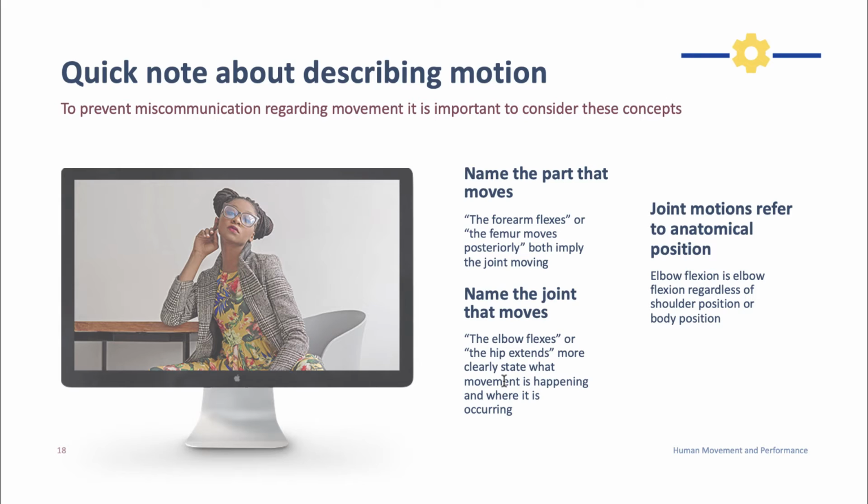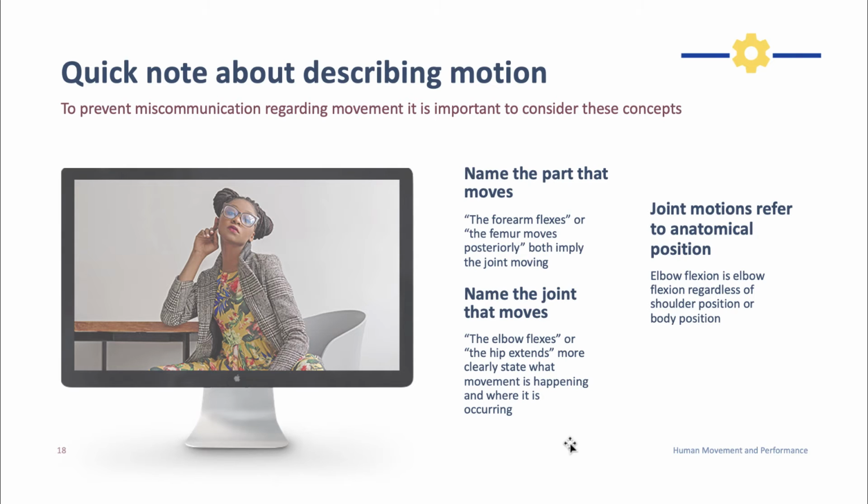So the elbow flexes, resulting in forearm moving, is a great way to include both of those parts. So we always want to be very clear when we're describing motion and include the concept of what part of the body is moving and what joint is allowing that part of the body to move.